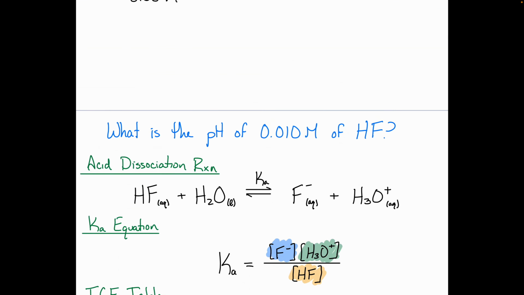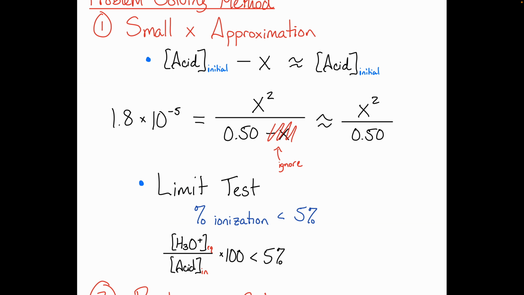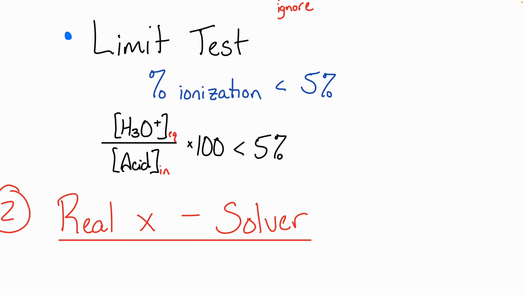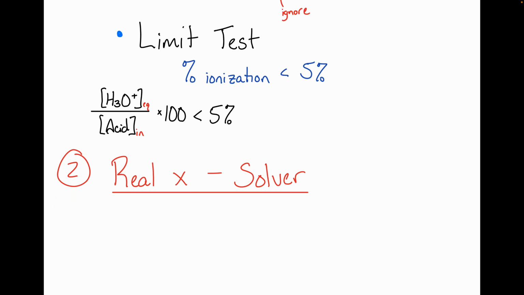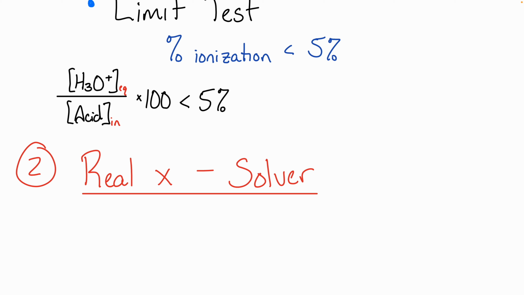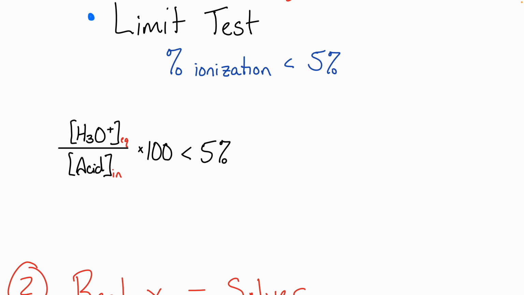All right, one more thing that we're going to add to our notes here. Under our limit test, we said our limit test for weak acids was the concentration of hydronium divided by the concentration of acid initially. If instead we were talking about weak bases, I wouldn't be talking about a concentration of hydronium, but a concentration of what? Hydroxide, right? So let's just note that this is our ionization test for acids.